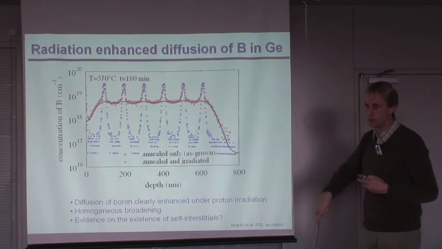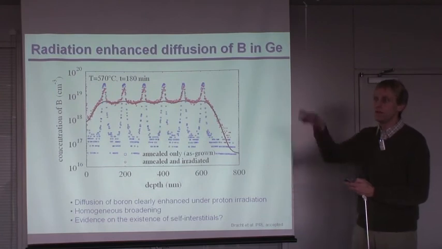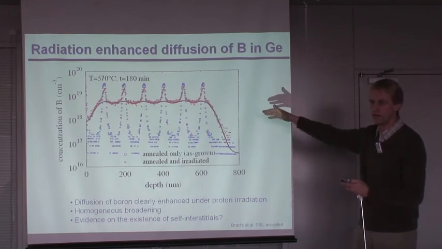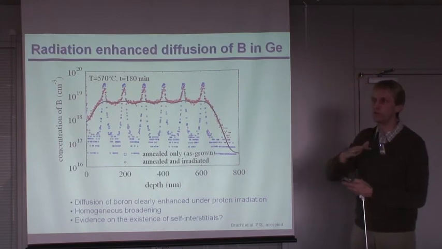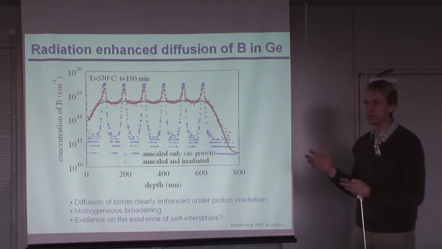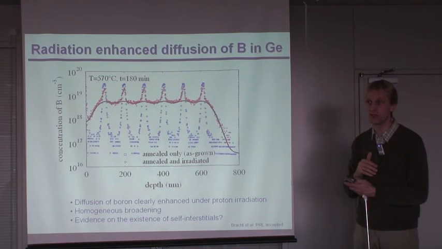If that would be true, one would expect that the diffusion of phosphorus is retarded under irradiation, because phosphorus goes via vacancies, and if you create by irradiation a huge concentration of self-interstitials, you avoid the formation of phosphorus-vacancy pairs. So the formation of these pairs will be suppressed, and as a consequence the diffusion of phosphorus should be retarded.